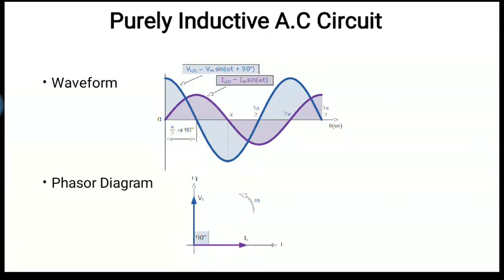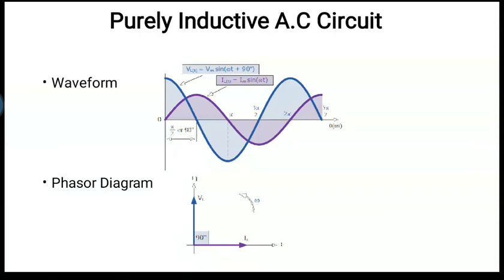In the inductor, current is lagging by 90 degree, and in the capacitor, current will be leading by 90 degree, right? So just remember only for current: inductor lagging, capacitor leading. Okay, so it will not create any confusion. And for a resistive circuit, it is very simple. The phase difference is 0.